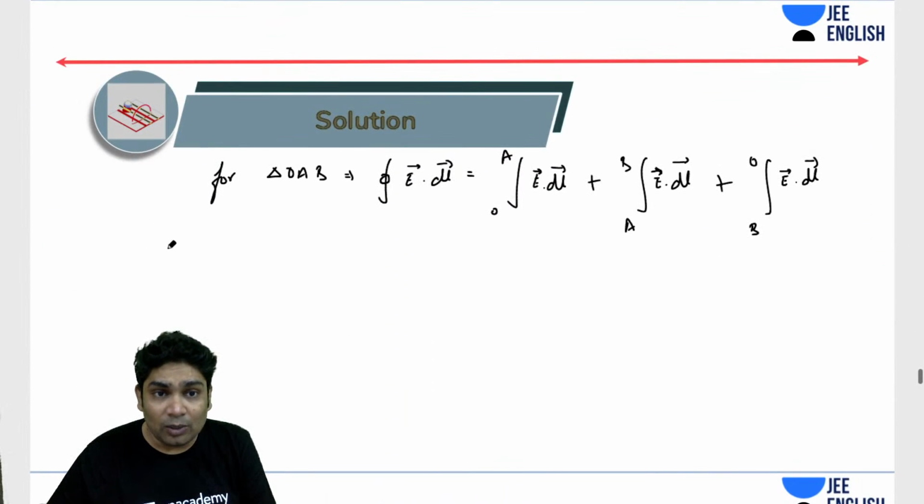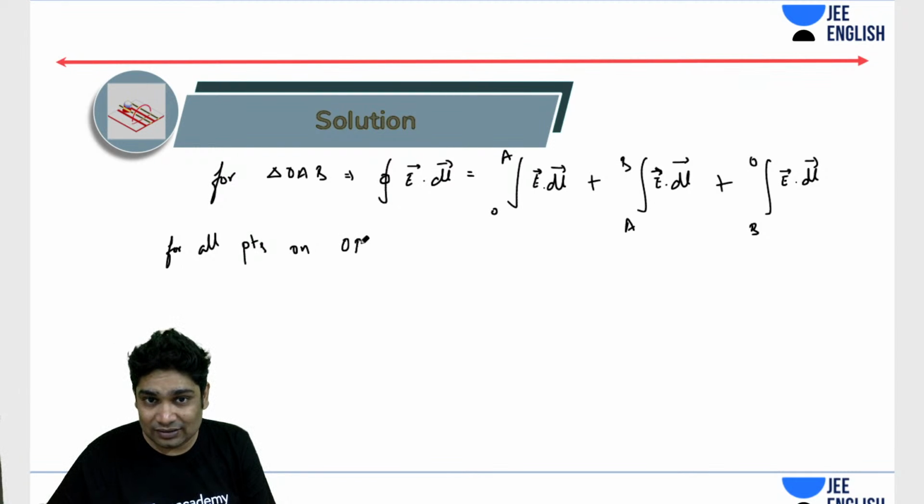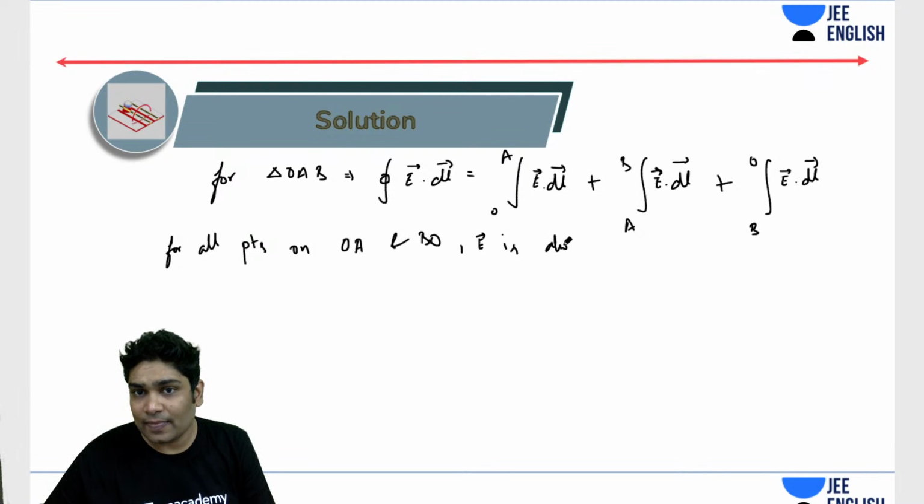Now, for all points on OA and BO, you realize the E vector is always perpendicular to the dl vector.